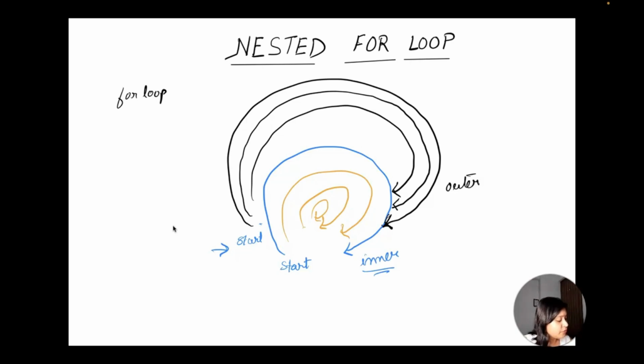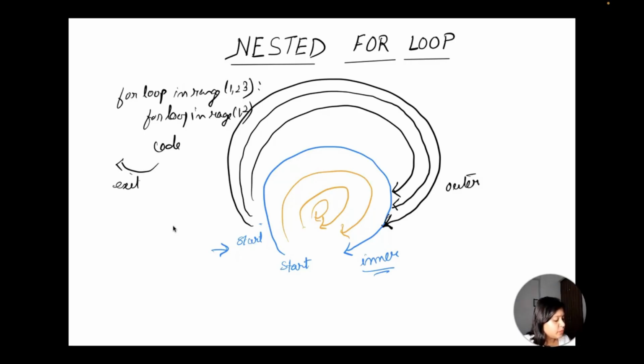So it means a for loop is there in range, let's say 1, 2, 3, and then again there is a loop in range 1, 2. So it's going to do some code and then it comes back and exits out of the loop.